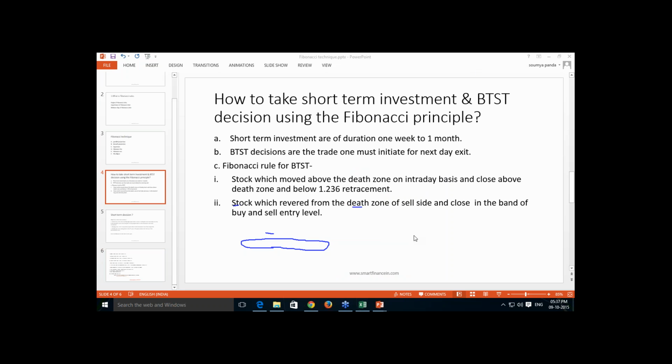A stock which reverses from the death zone of the sell side or the buy side and closes in the band of the buy and sell level. If we get any such opportunity, then we will be entering the trade. So we will not be attached to any particular stock.